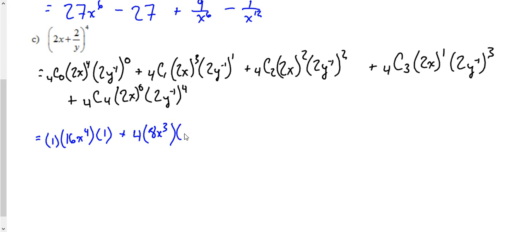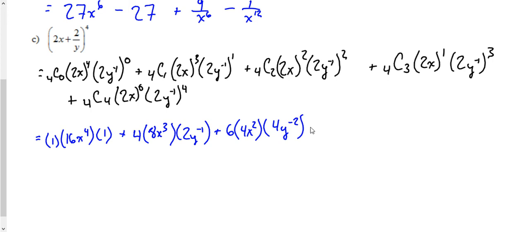And you have that 2y to the negative 1 there still. We're going to add on 4 choose 2 is 6, and this is just 4x squared. And here you'd have 4y to the negative 2.